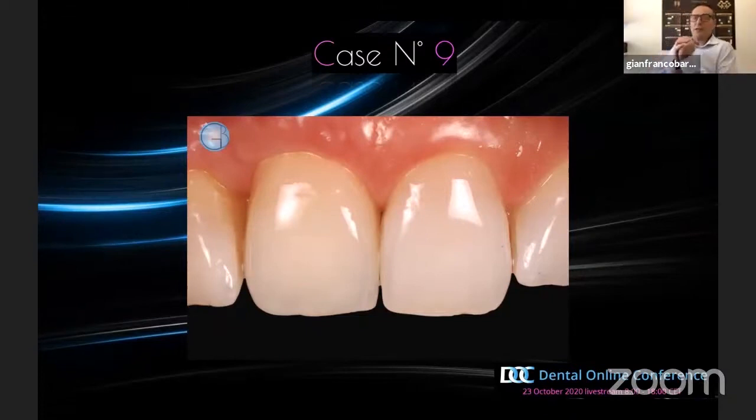Using this kind of abutment, it's easy. The only thing is to have the knowledge of all the systems on the market and which is suitable case by case, because we have a lot of solutions on the market.